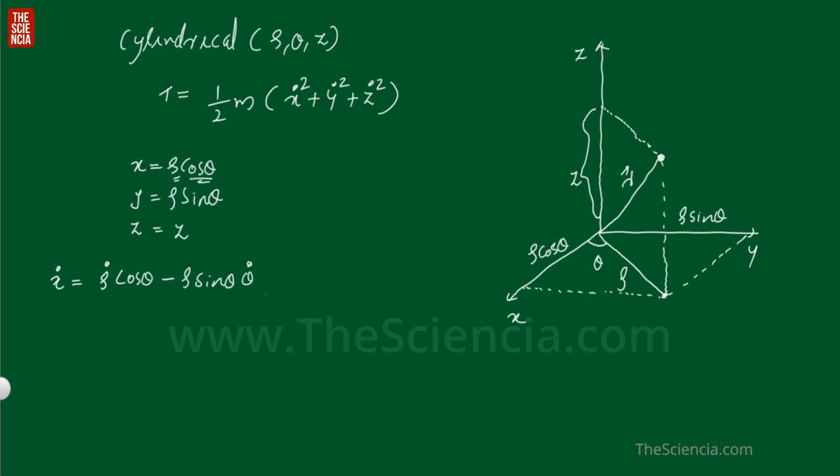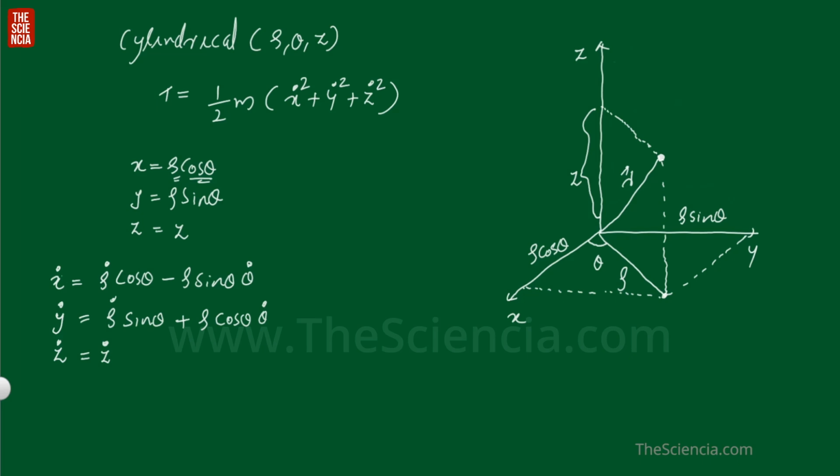The derivative of cos theta is minus sin theta, and since we are taking the time derivative, we get theta dot also. And what will be y dot? y dot will be equal to rho dot sin theta plus rho cos theta theta dot, and z dot will be equal to z dot itself.